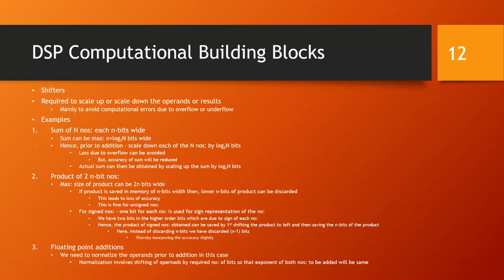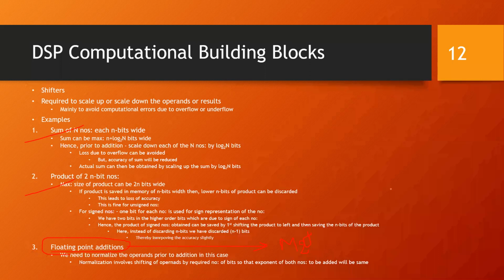So this is with respect to the sum, and this is with respect to the product of the integers. Now, what about floating point additions? We had seen how floating point numbers are represented: with a mantissa and an exponent value.